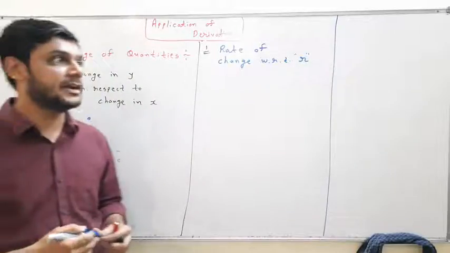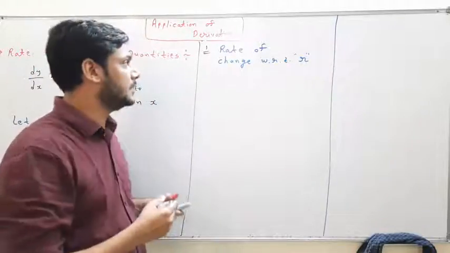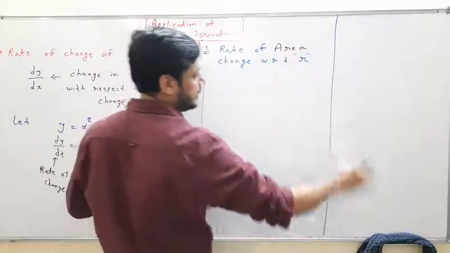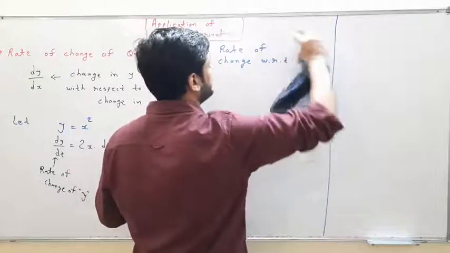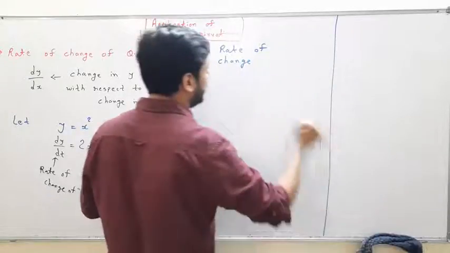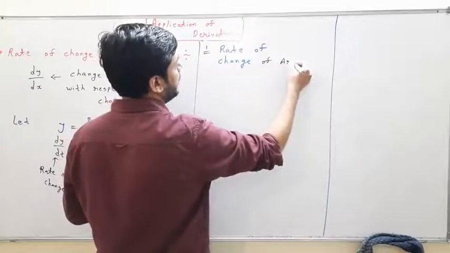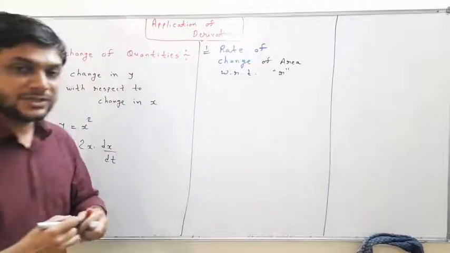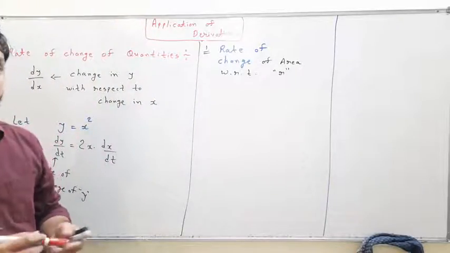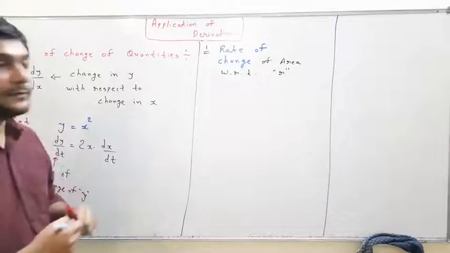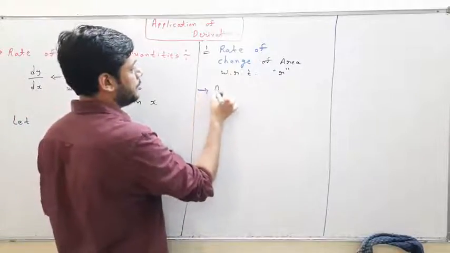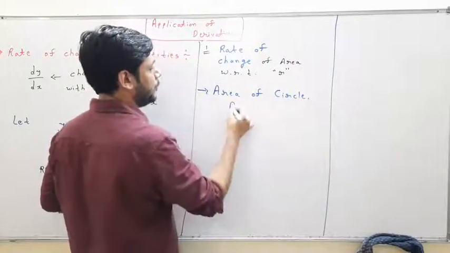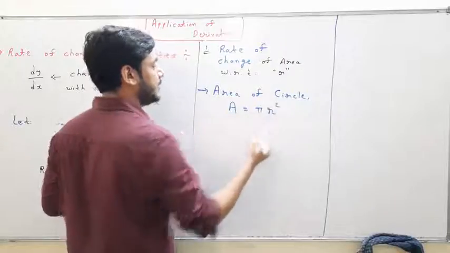The area of a circle formula is A is equal to pi r square.